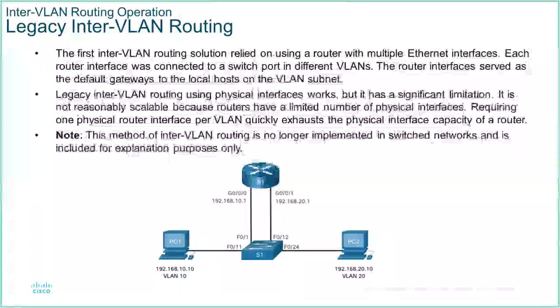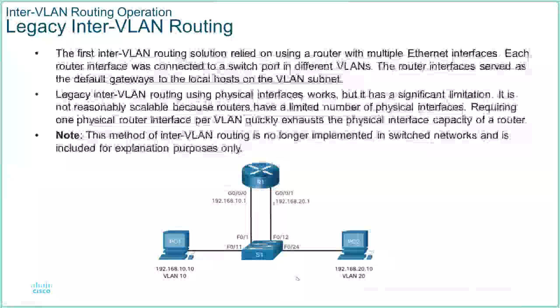So the way we had to do it in the dim dark days, we had to have a physical connection for each VLAN. This is before trunking came about. So basically, to get from one virtual network to another, for instance here in VLAN 10, all traffic destined for VLAN 20 would come up via a physical cable that is in a VLAN 10 port to one of the interfaces on a router.